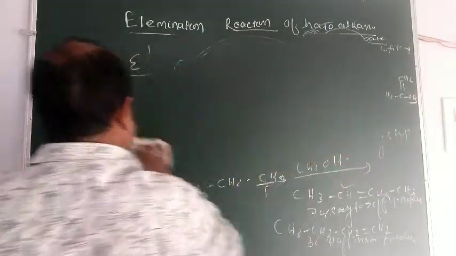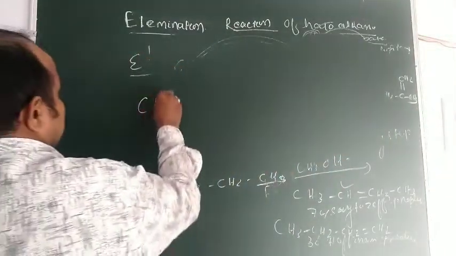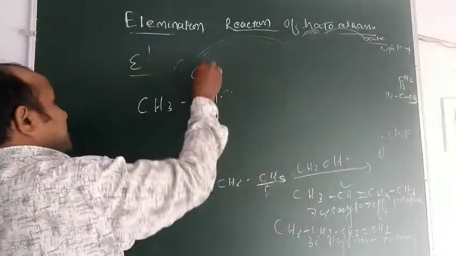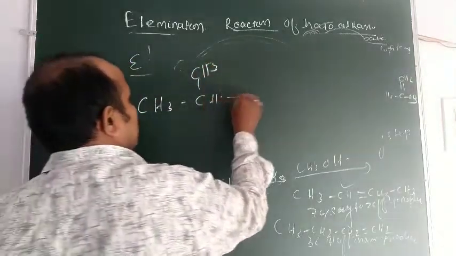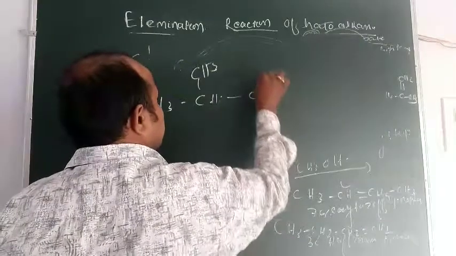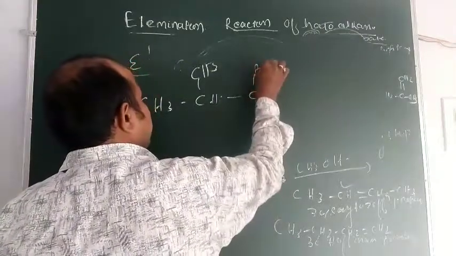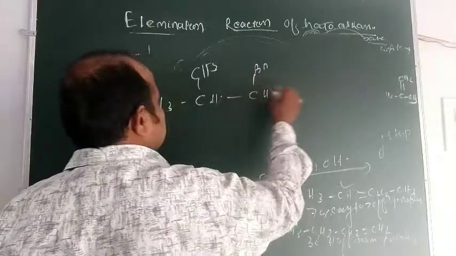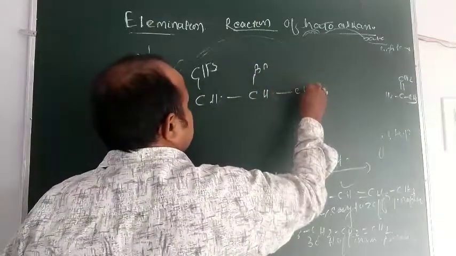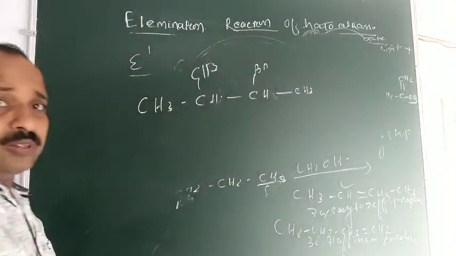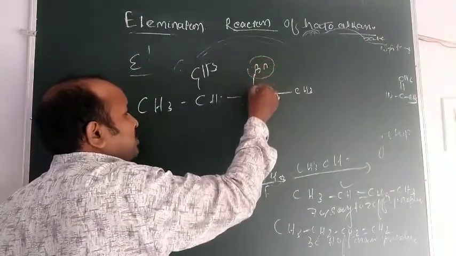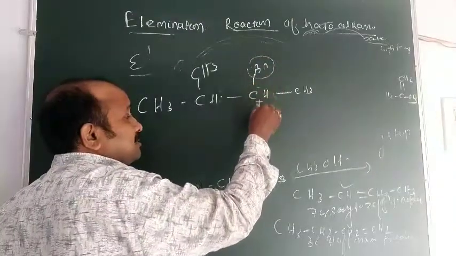Suppose CH3 CHBr CH3. Then in the first step the halogen will leave and it will get the positive charge.